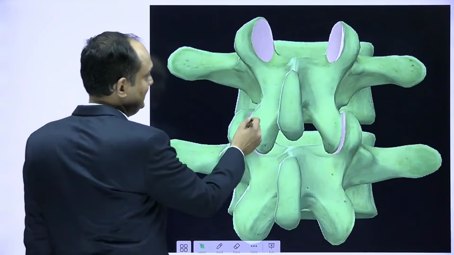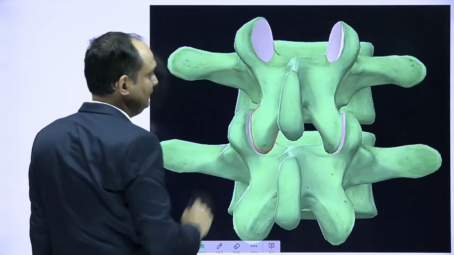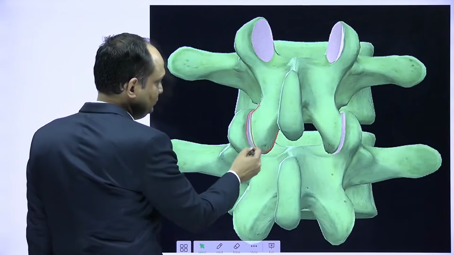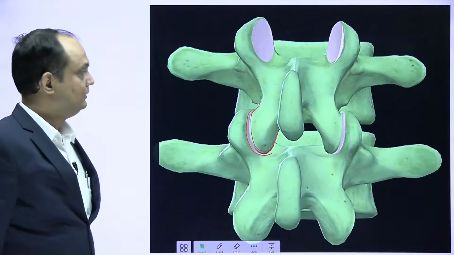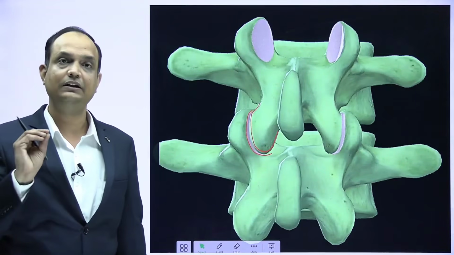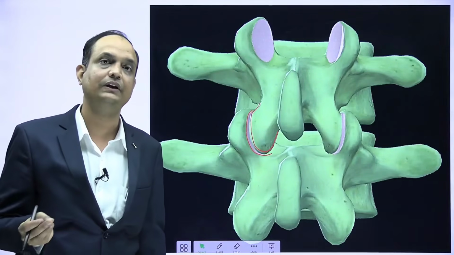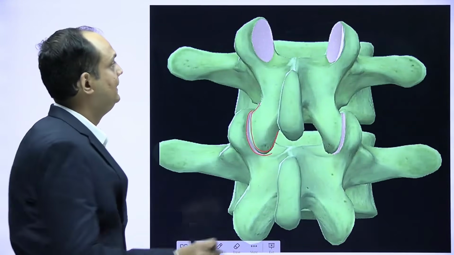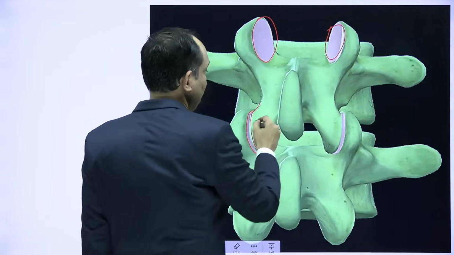Here the inferior facet of the superior lumbar vertebra is articulating with the superior facet of the inferior lumbar vertebra. So whenever you have a lumbar vertebra in your hand, it is very important first to identify the superior and inferior surface, and it can be identified with the help of the shape of the superior and inferior facets.